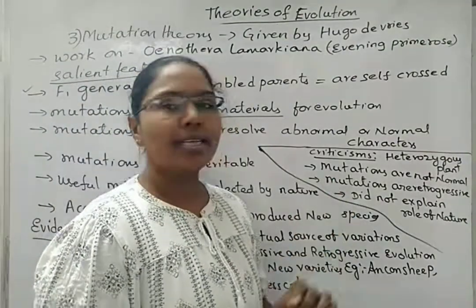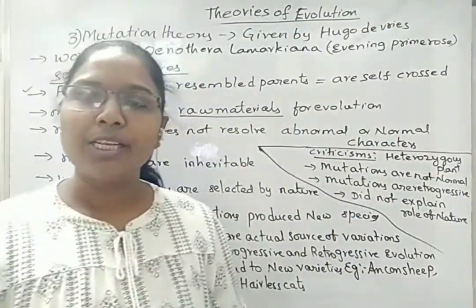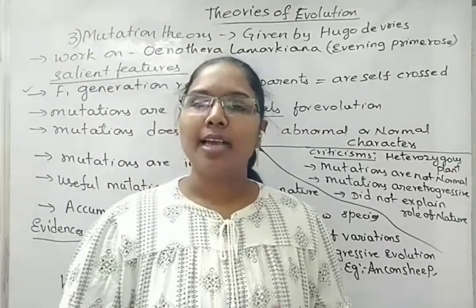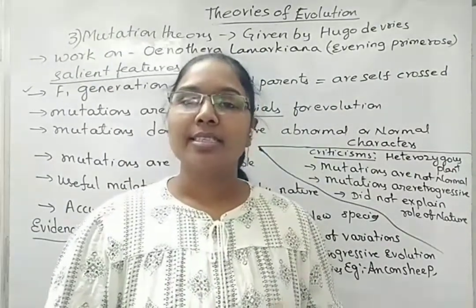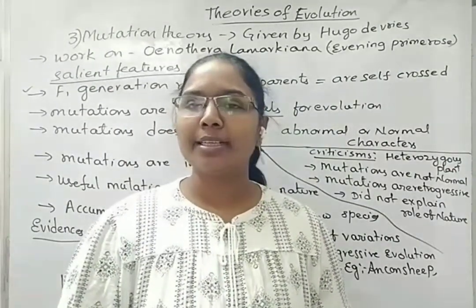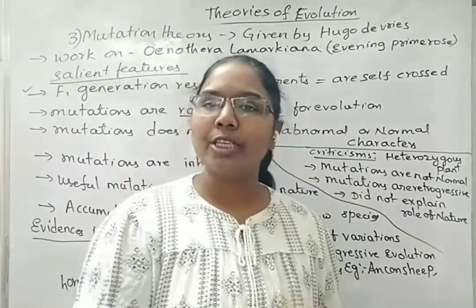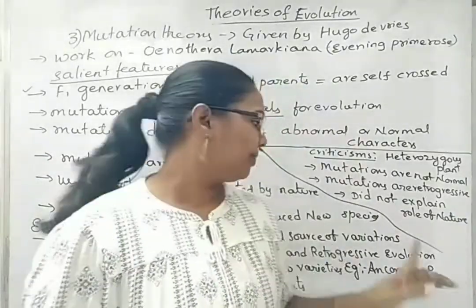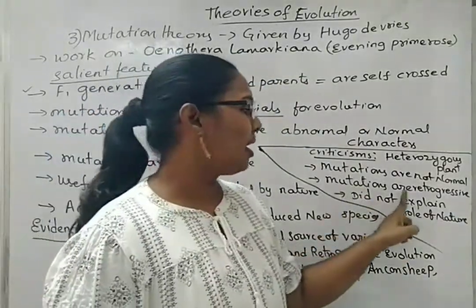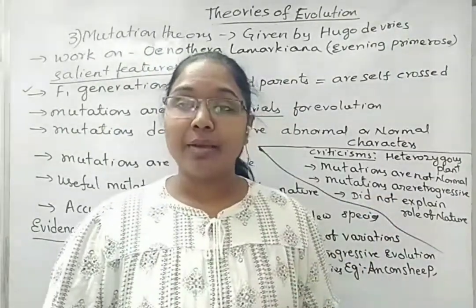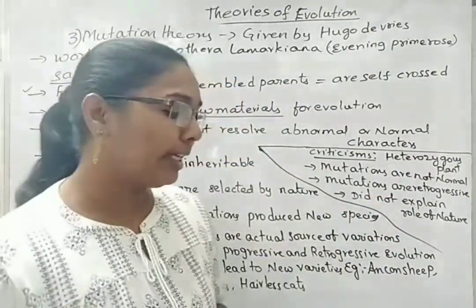Second, mutations are not normal. Mutations are defined as abnormal or sudden chromosomal, inheritable changes in the genotype of the organism. Next, mutations are retrogressive. They give a negative impact or negative result.